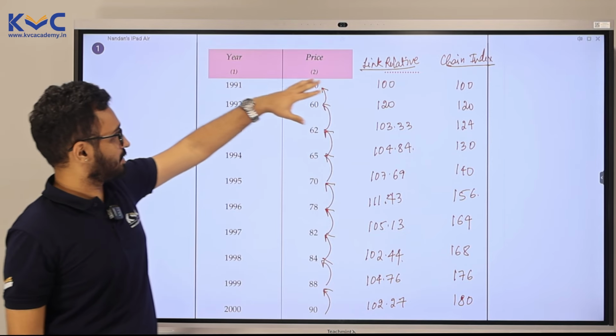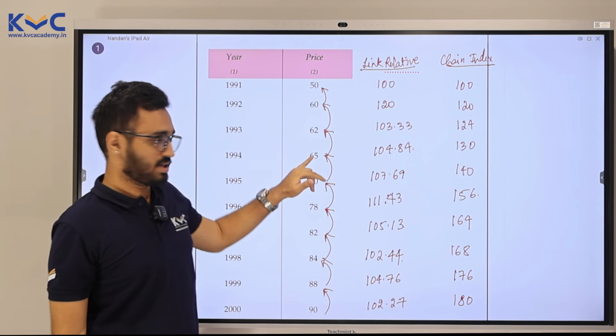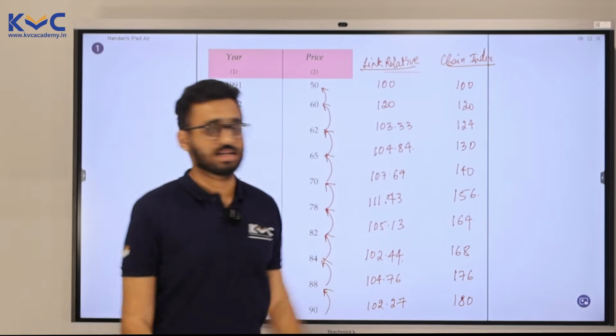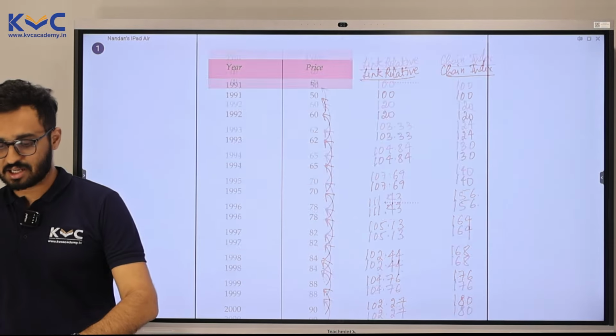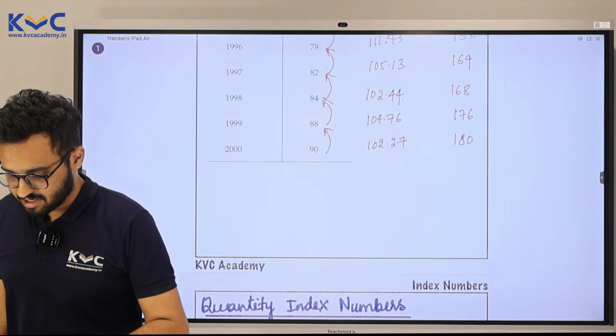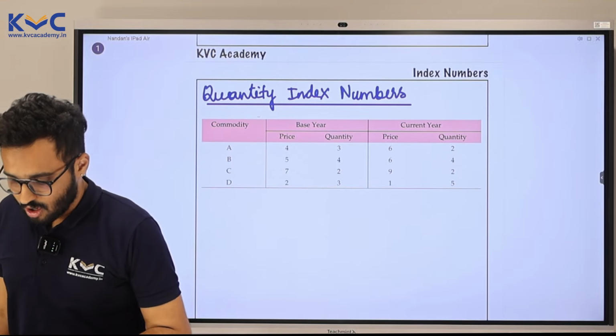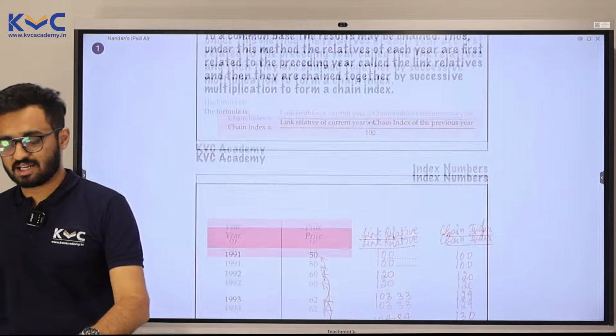If in 1991 it was 50, in 1994 it is 65, so what is the price index? Understood? So that is how we calculate chain index numbers. Is it clear? Awesome. So that is about chain index numbers.